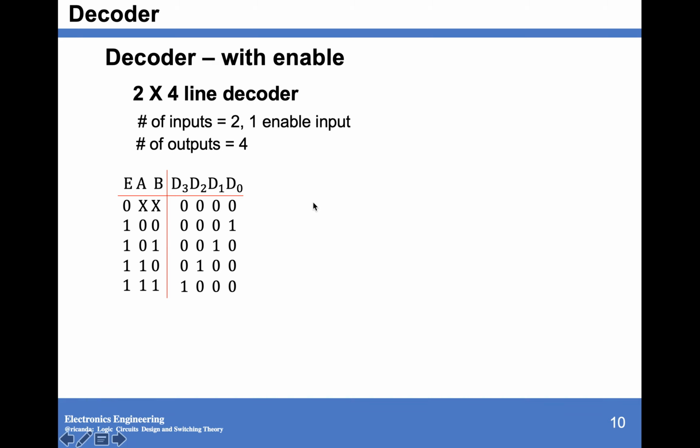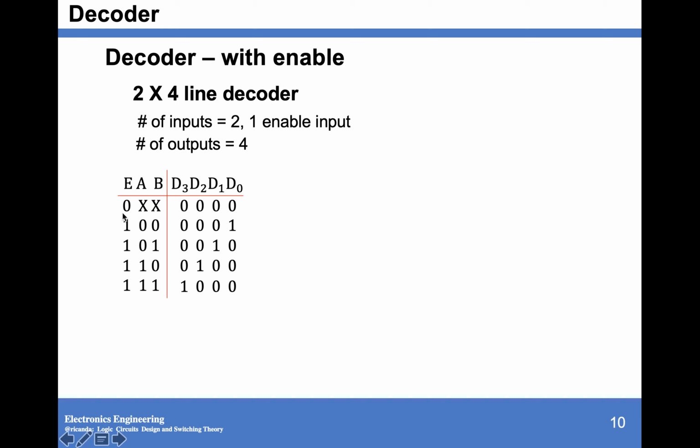So this is D0 equals 1 because your input is 00. If your input is 01 and enable is 1, then that is D1. If you have 10, this is equivalent to 2, so D2 is 1. If you have 11, that is equivalent to 3, then D3 is 1.